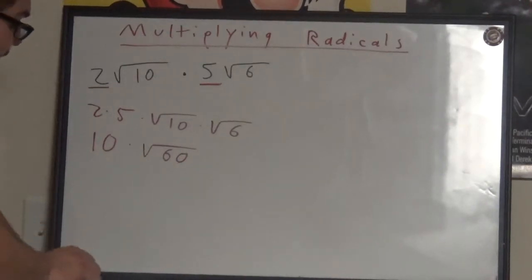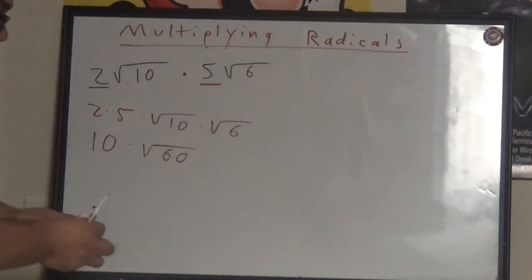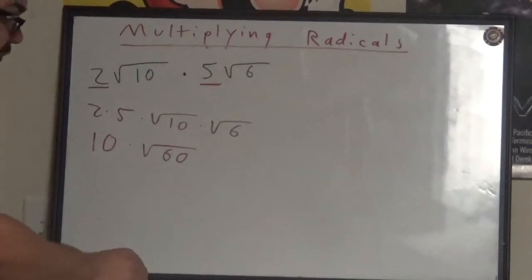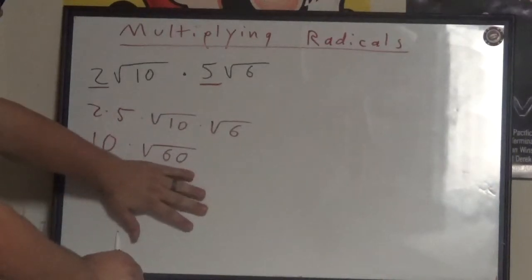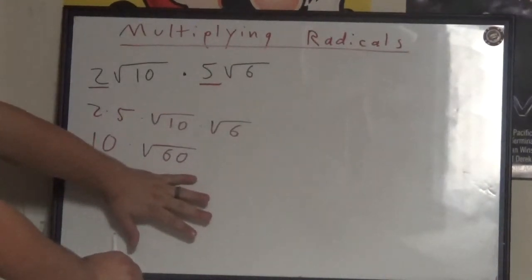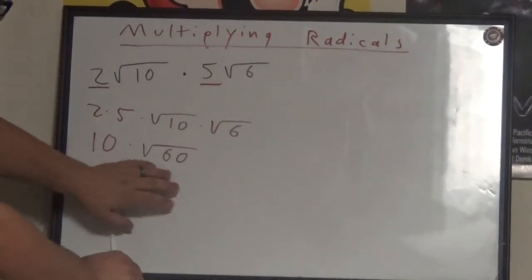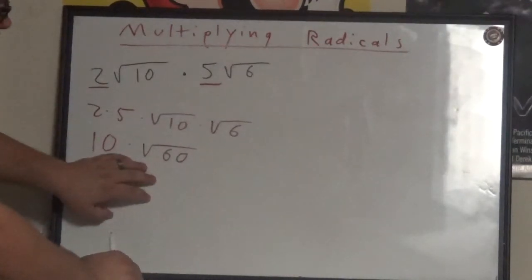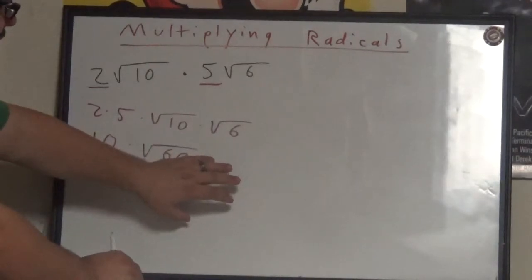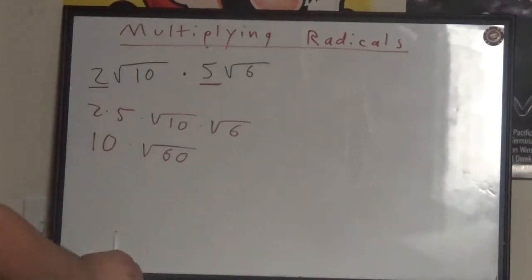So, when we're simplifying the square root, and I did a video on simplifying square roots, in fact 2 of them, we're breaking this number down into a perfect square, the largest perfect square, and an imperfect square, which are factors of 60.